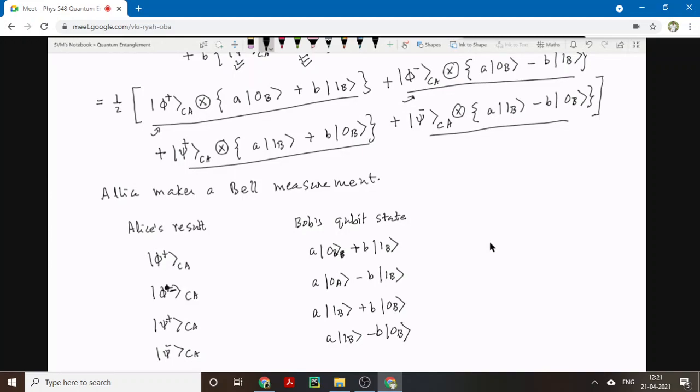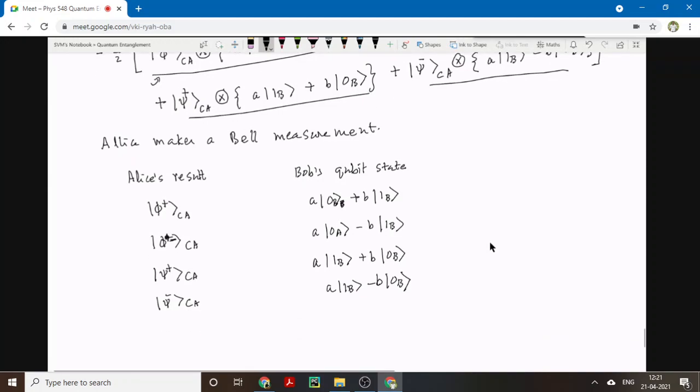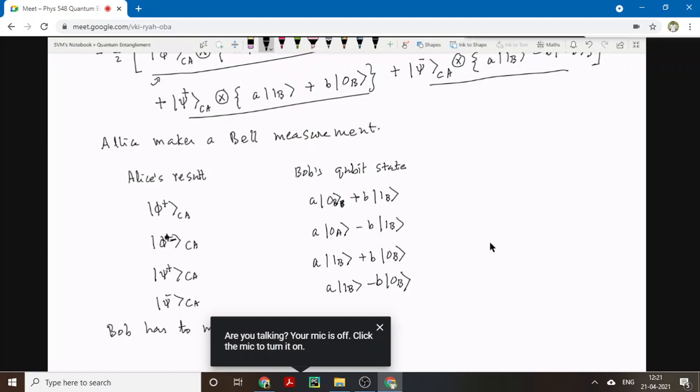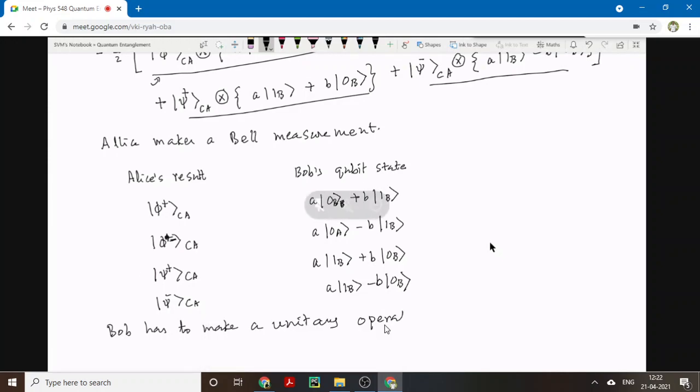Okay. Now what is the next step? Now Bob has to make a unitary operation on qubit B. Now what is the unitary operation that he has to make?